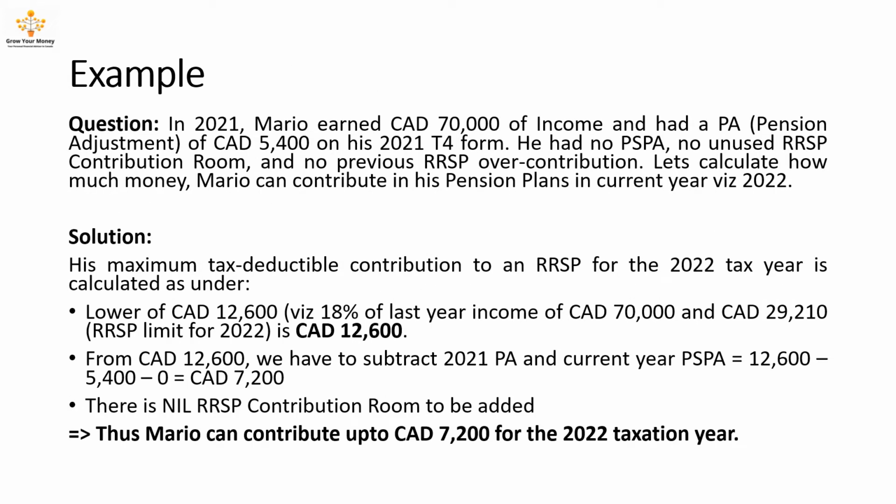Let us try to understand the concept of maximum permissible contribution in an RRSP with the help of an example. In 2021, Mario earned CAD 70,000 of income and had a pension adjustment of CAD 5,400 on his 2021 T4 form.